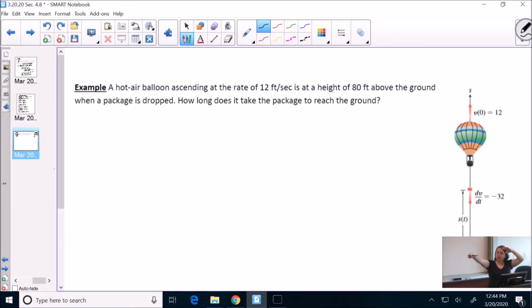So initially, that package is traveling with a positive velocity going up in the hot air balloon. So the initial velocity of that package is actually 12 feet per second.